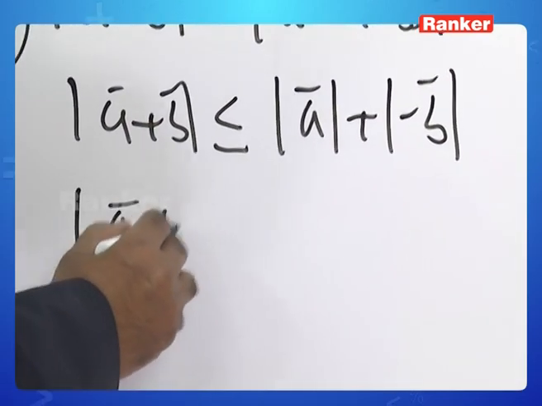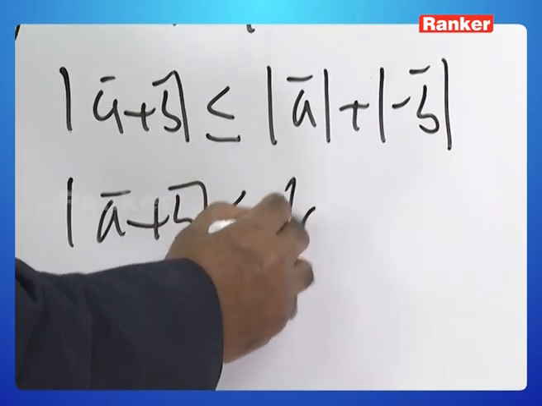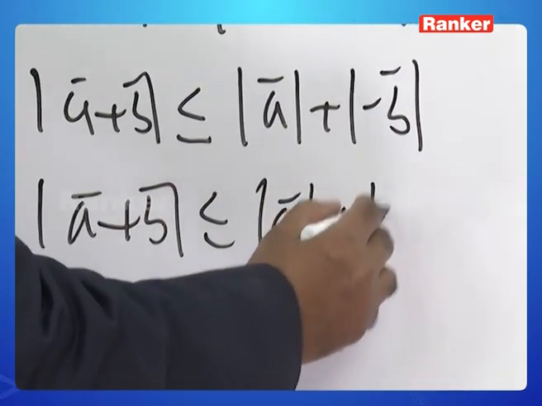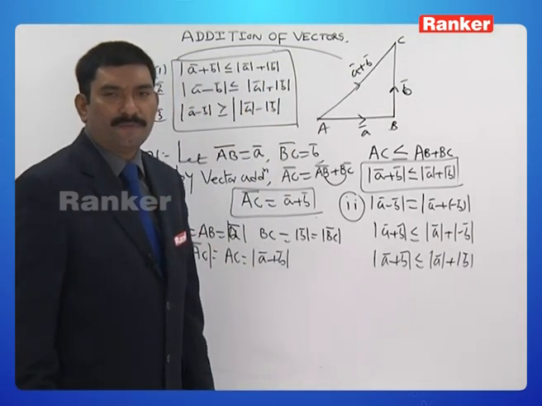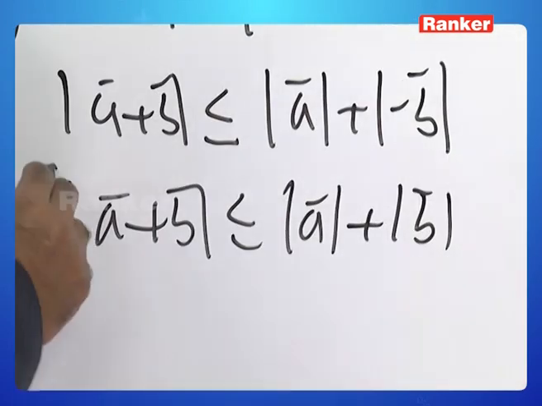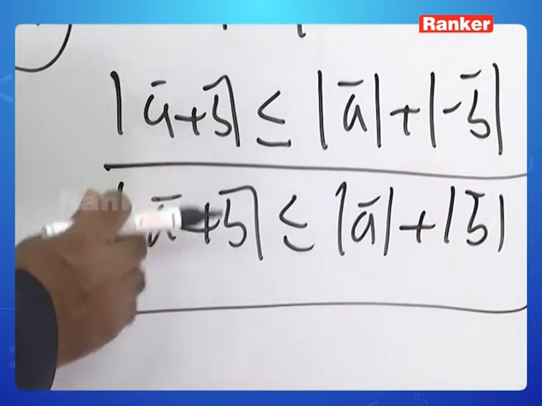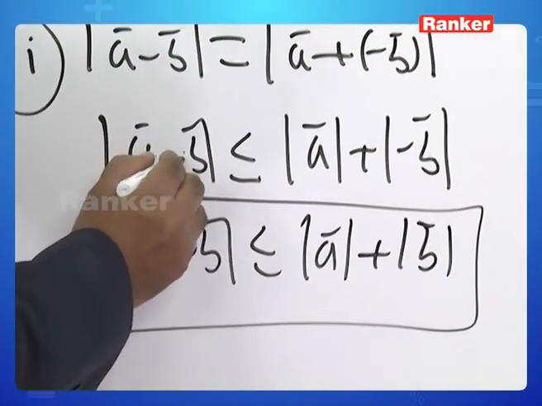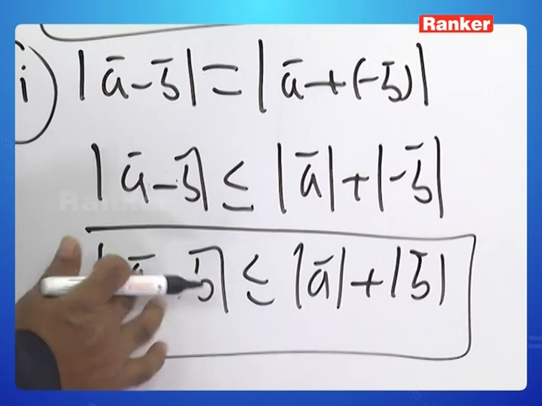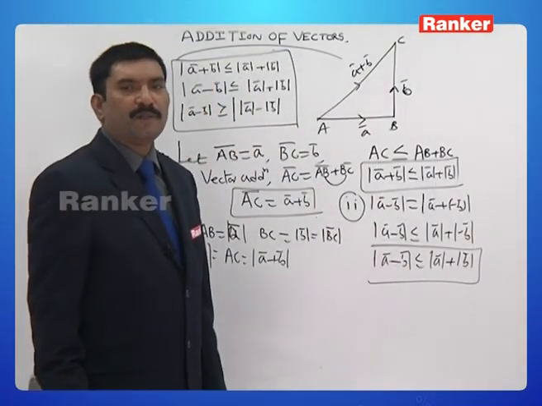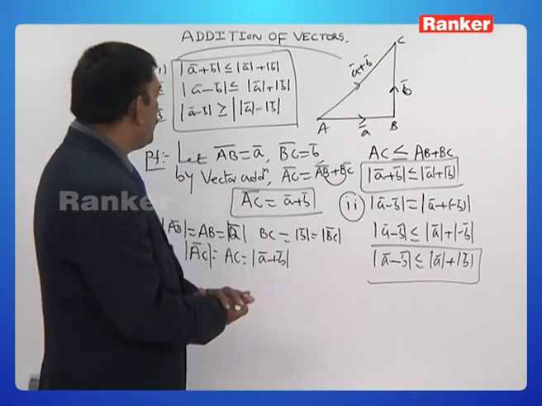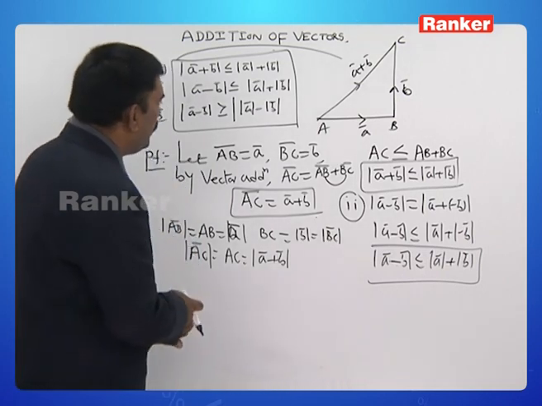Under modulus, if any quantity is negative, it becomes positive. So therefore, we have proved modulus of A bar minus B bar is less than or equal to mod A plus mod B.